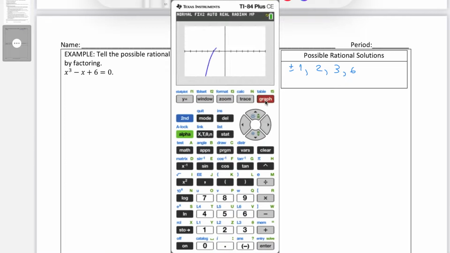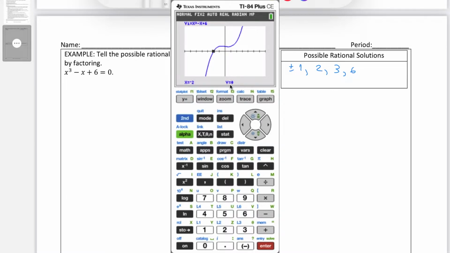Now I look at the graph and I see a graph there. The reason I wanted the ticks on the graph is it looks to me like there might be a solution there at x value negative 2. I hit the trace key and I don't move the cursor around. I simply type in negative 2 and press enter. And I can see here that if I input negative 2, the output is a 0.